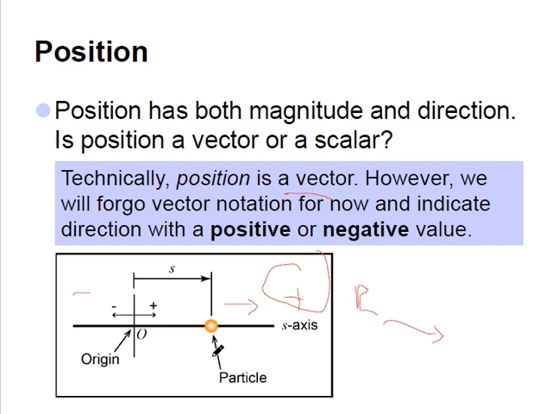And if s is negative, the particle is going to the left of this coordinate axis. We call this right because it is on your right hand side, and we call this left because it is on the left hand side when you are looking at that coordinate axis.